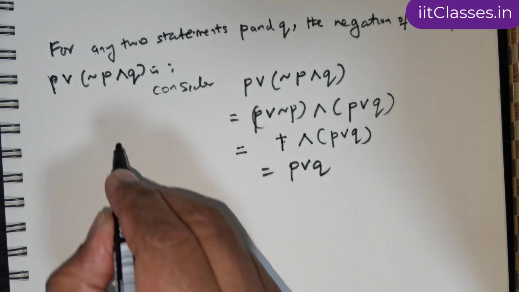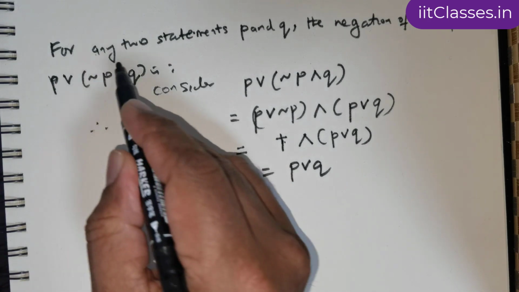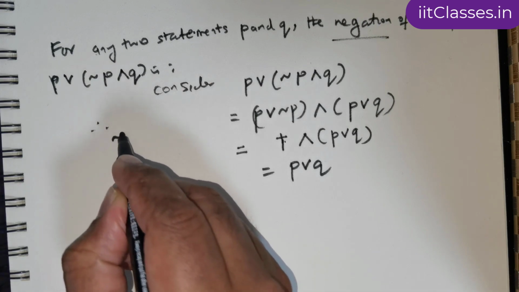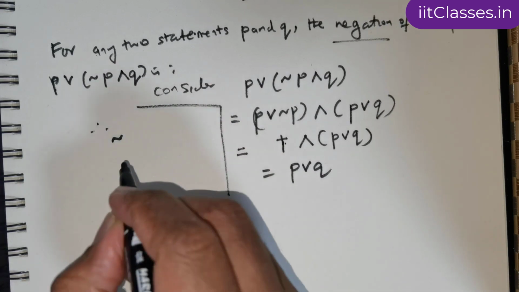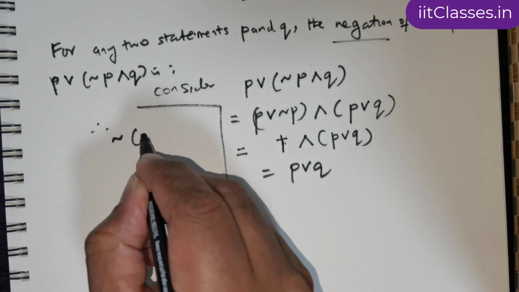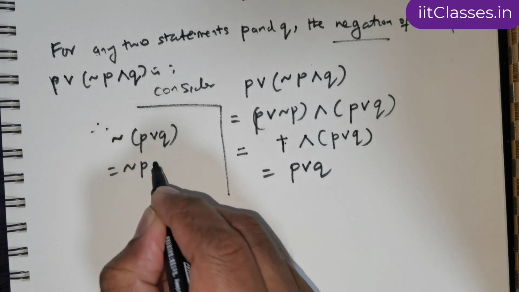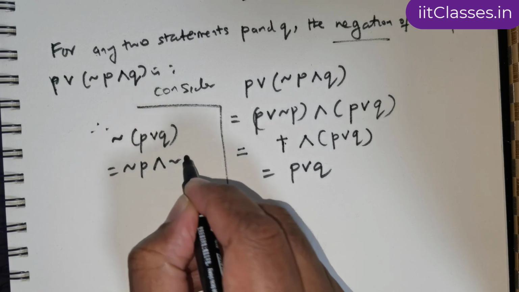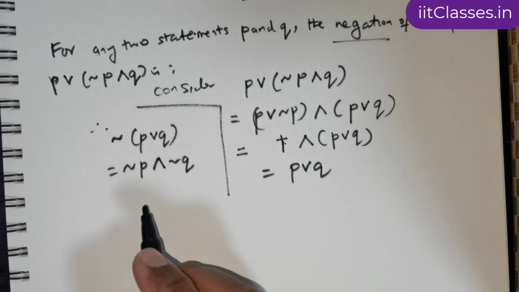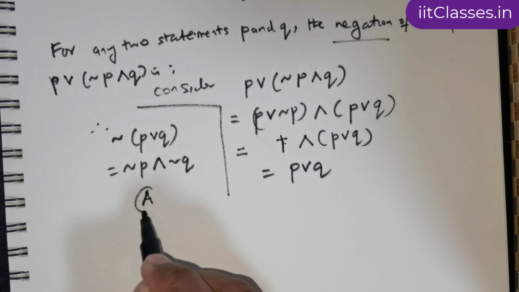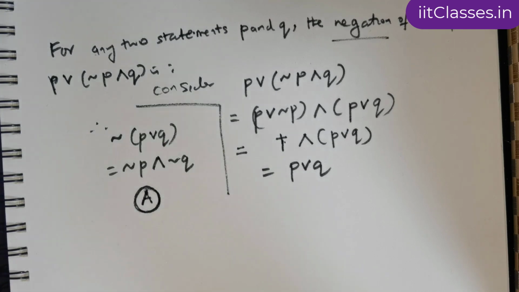Now we are expected to get the negation of the expression. So therefore let me draw this off. Negation of P V Q is equal to negation of P conjunction negation of Q. So if you look at the choices, the right choice for this question would be choice A.